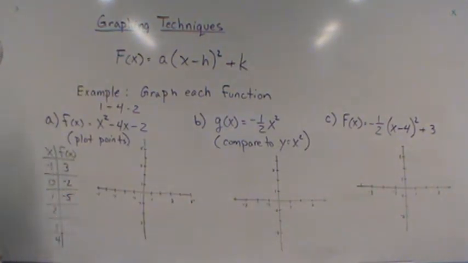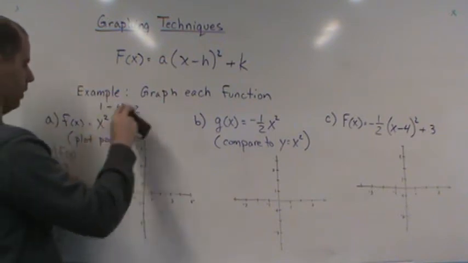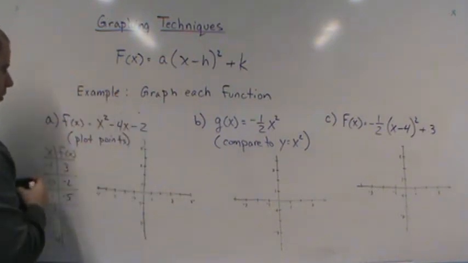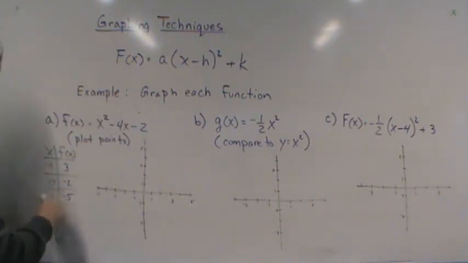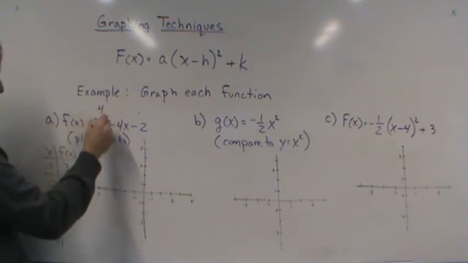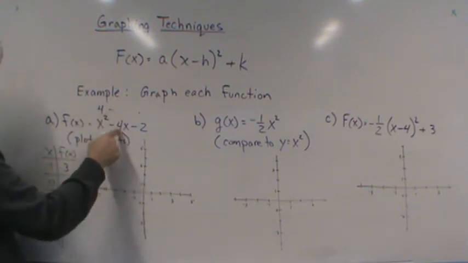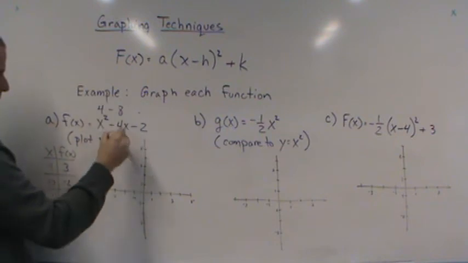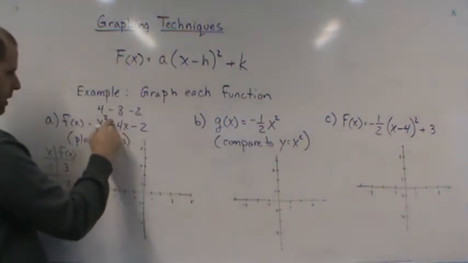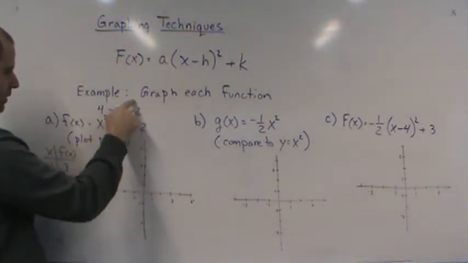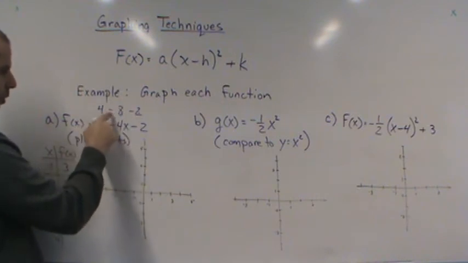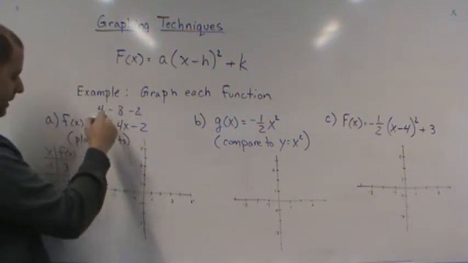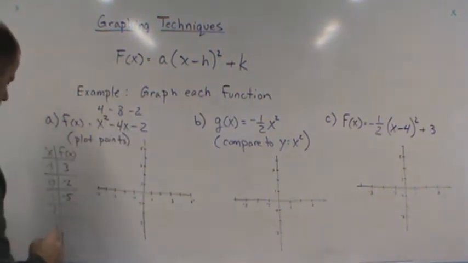Let's do 2. 2 squared is 4, minus 2 times 4 is 8, minus 2. So we get 4 minus 10.